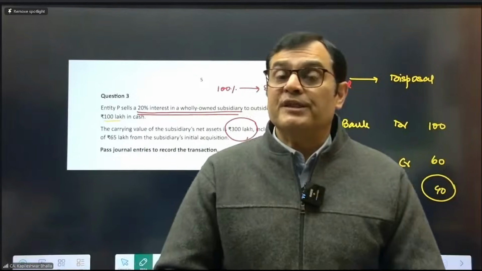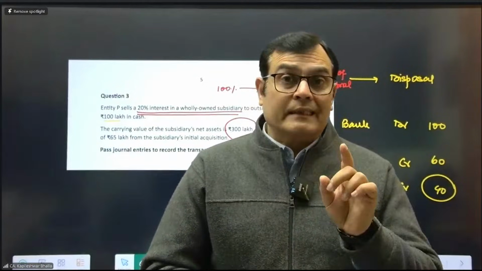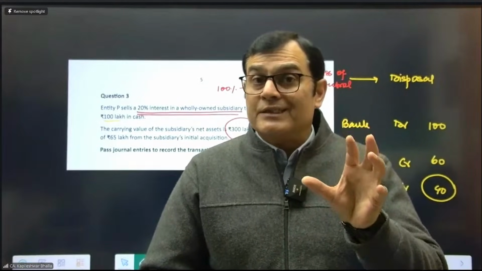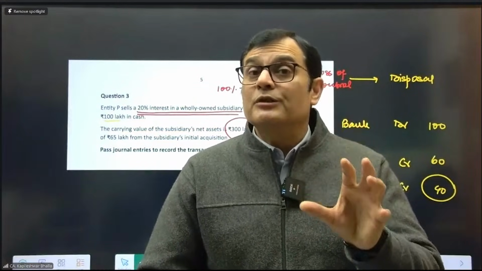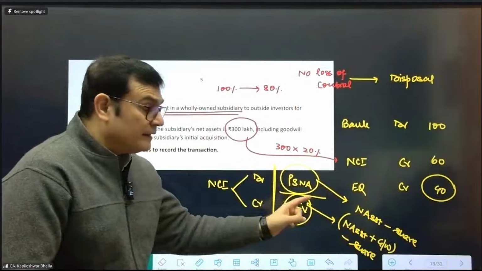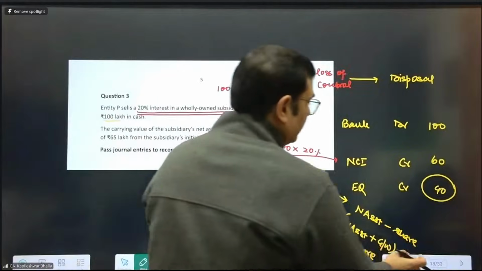And when you take the NCI at the share in the net assets plus the goodwill, it is an indirect presumption that it is at fair value. But if there is an existing NCI in the books of accounts, you need to evaluate and decide and accordingly calculate the NCI. Okay, so that was simple indeed.